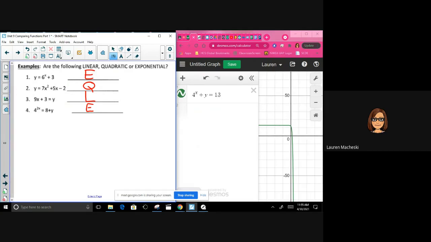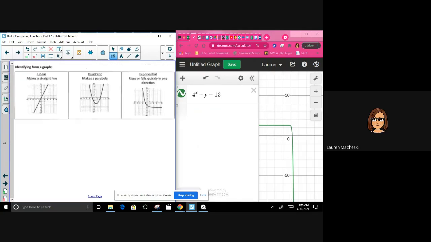Now let's refresh on graphs. So identifying from a graph. Remember, linear is going to make a straight line.